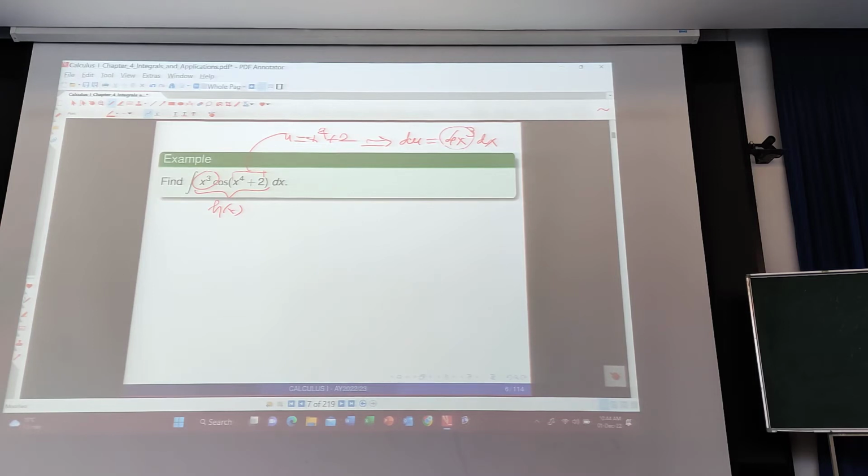Good. In this case, if you put u equal to x⁴ plus 2, then du is 4x cubic dx. And x cubic dx you can put as du over 4. And you see, you have 1/4 cosine u du. And everything is that.